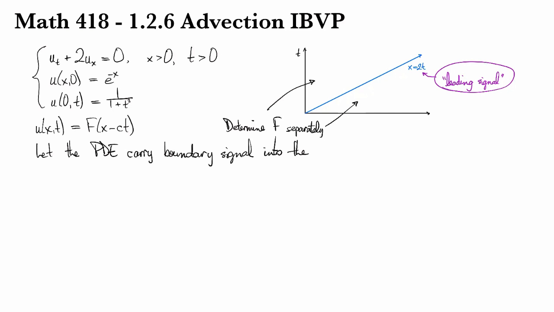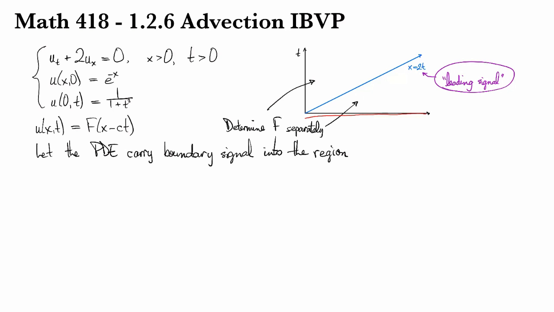And so let me explain what I mean by that. So what's going on along the bottom? Along the bottom, we have something that looks like a decaying exponential. As seen from above, it might look something like this, decaying down to 0.